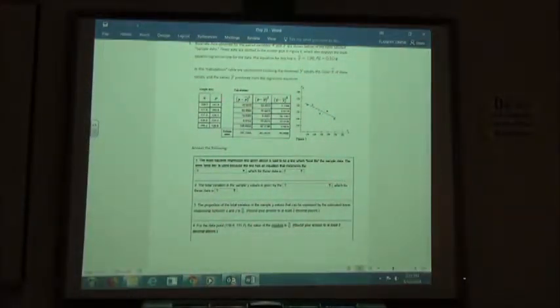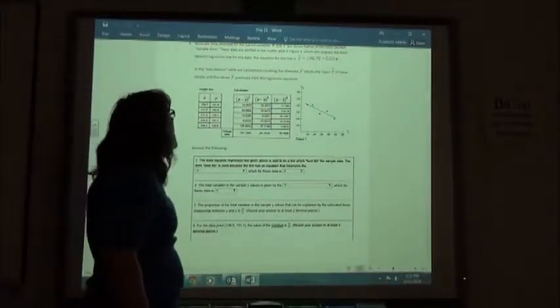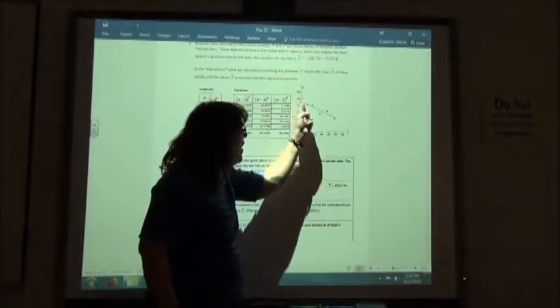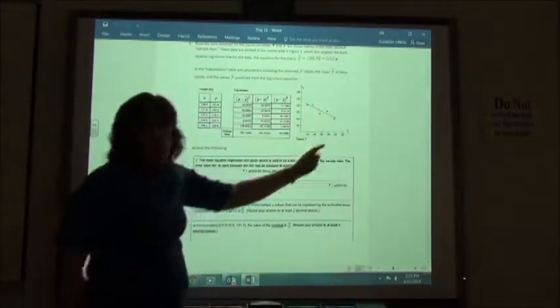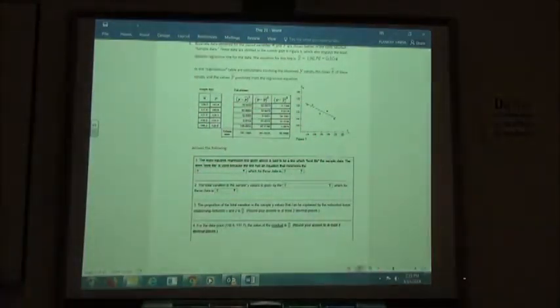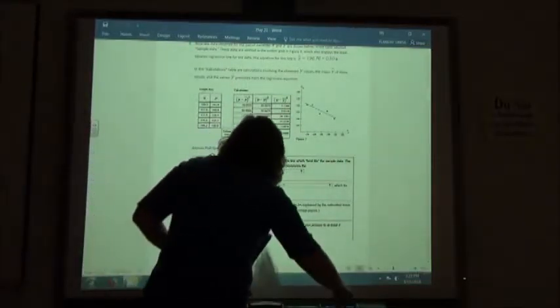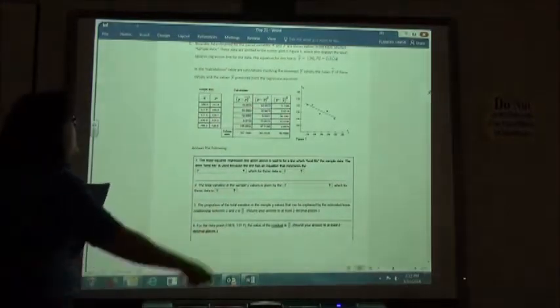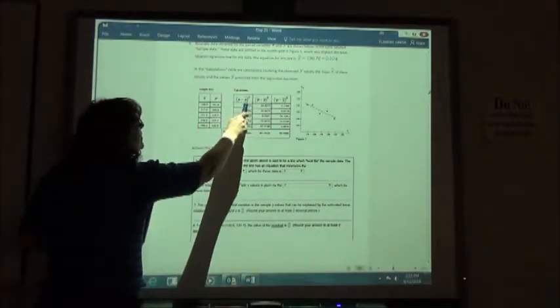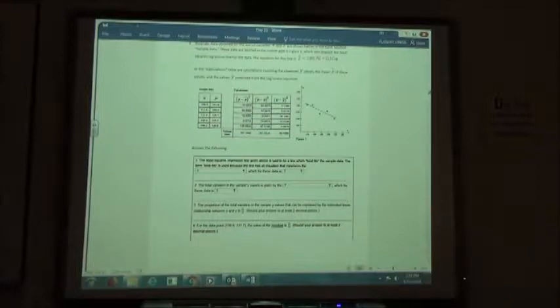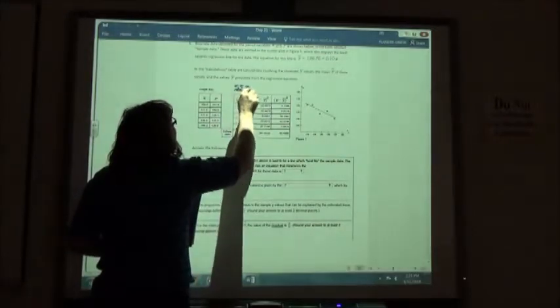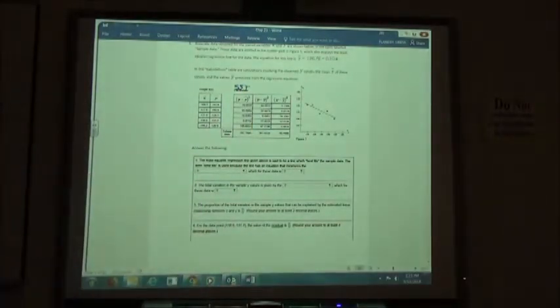In the calculations table, the calculations involving y, the mean of y, and the values of y hat, which are the values that we get right here on our line, predicted from the regression equation. Here we have y minus the mean of y. So y minus the mean of y, if you remember, that's my SST value, sum of squares total.